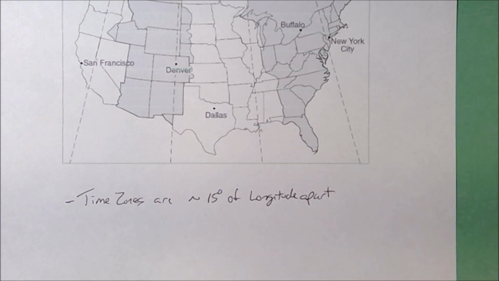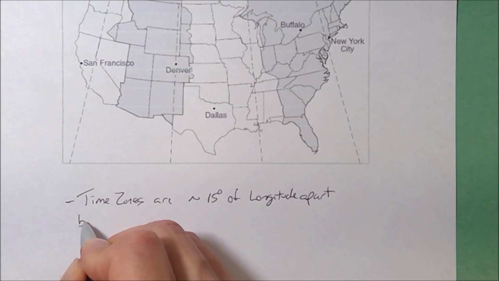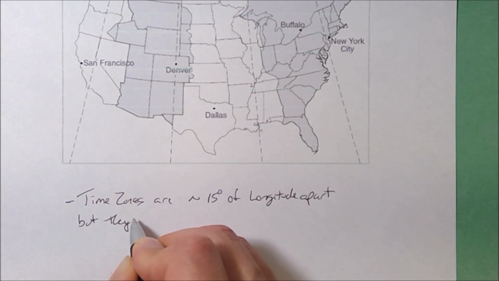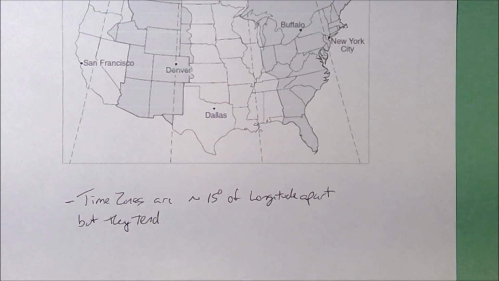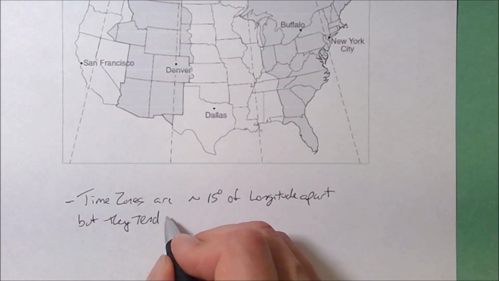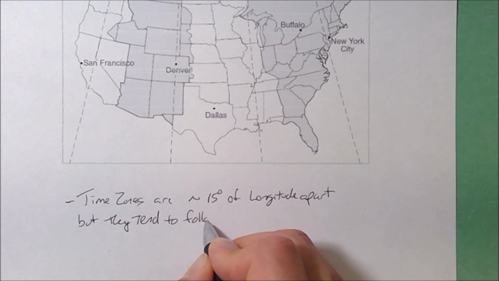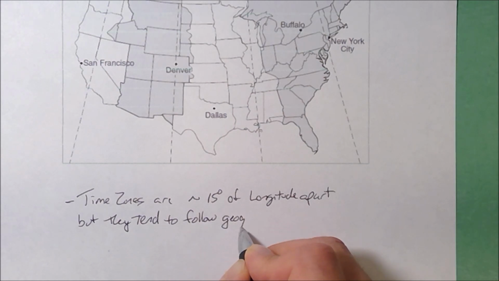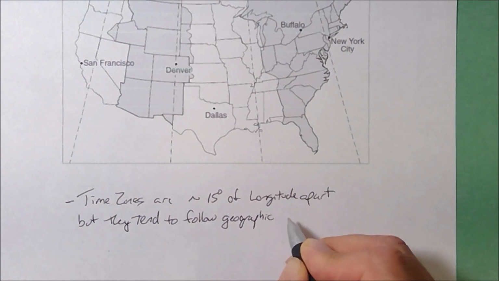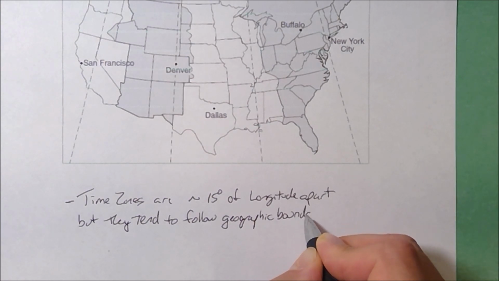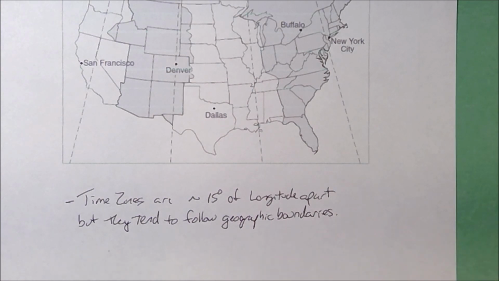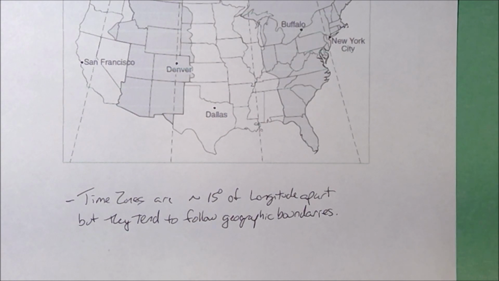But to make it more convenient for us, they tend to follow political or geographic boundaries. It would be really inconvenient if part of your city was in one time zone and part of your city was in another.